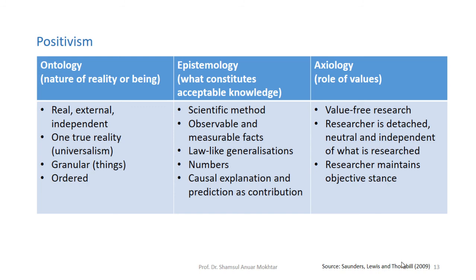In terms of knowledge, positivists will try to look for what is the cause of certain things, what is the effect of certain things, or for them, if you have the cause, you can predict what will happen next. So this is prediction. If we can achieve all this, this is considered as acceptable knowledge. This is epistemology.